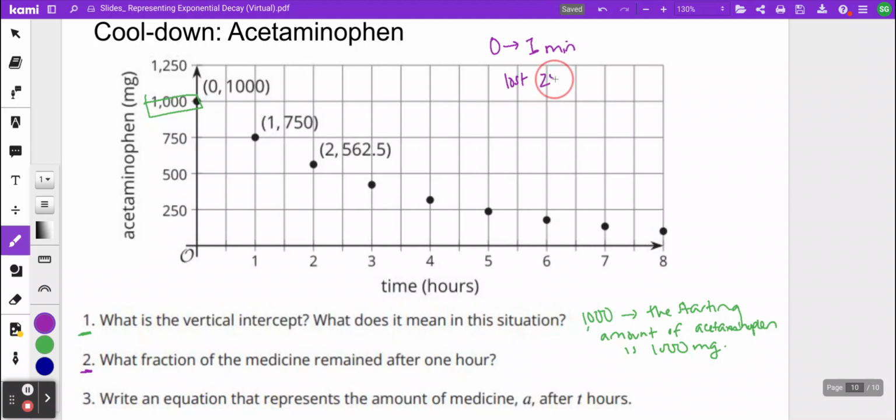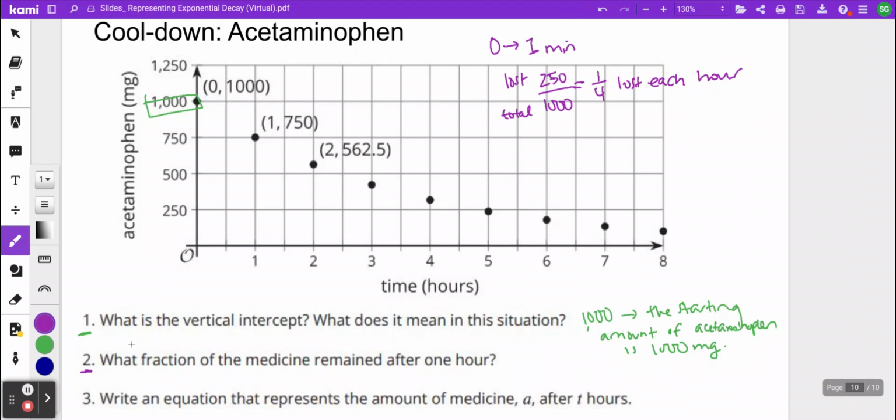That means we lost 250 out of our total 1,000. And so if you simplify that fraction, that is the fraction 1/4. And we could check that by looking at the future hours, but it's correct. 1/4 represents the fraction lost each hour.